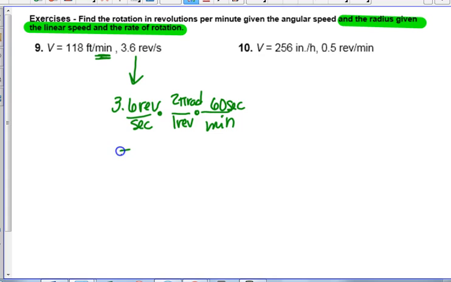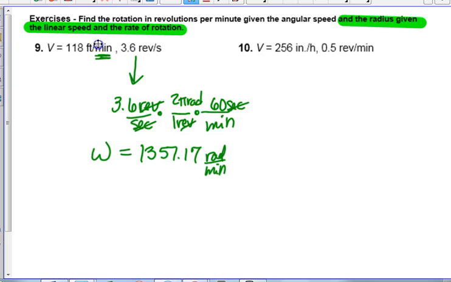So we can just multiply. 3.6 times 2 times pi times 60. What are the labels left? Radians per minute.